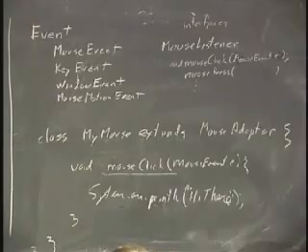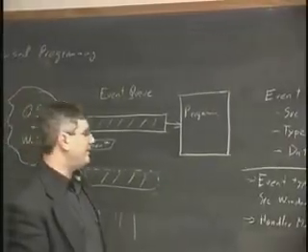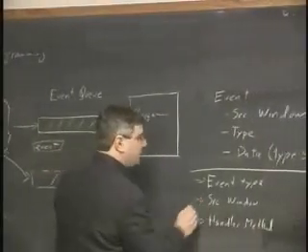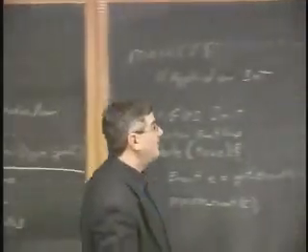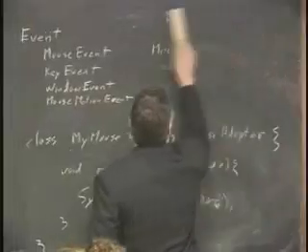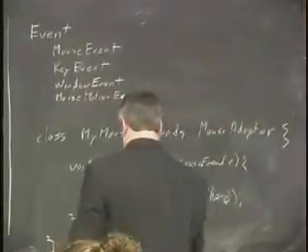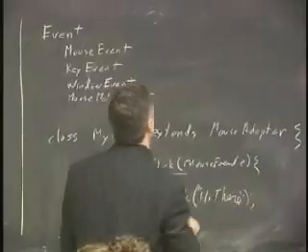The last piece is now we know how to write handler methods for particular event types. We have this class that does that. We now have to attach it to a source window. And the technology for doing that is very simple. We figure out which objects correspond to each one of these windows.